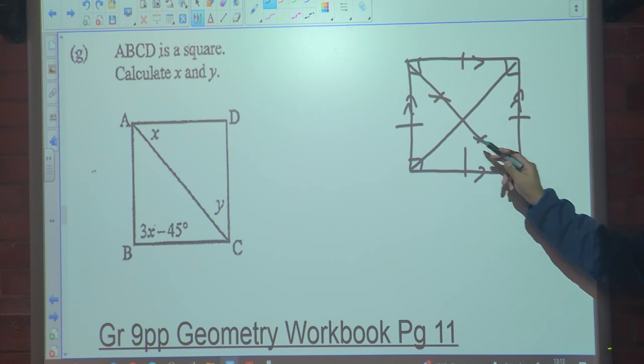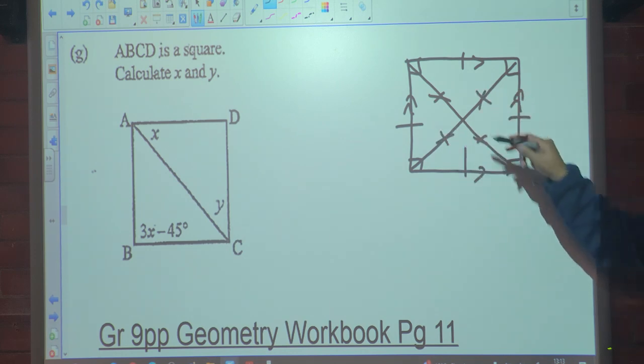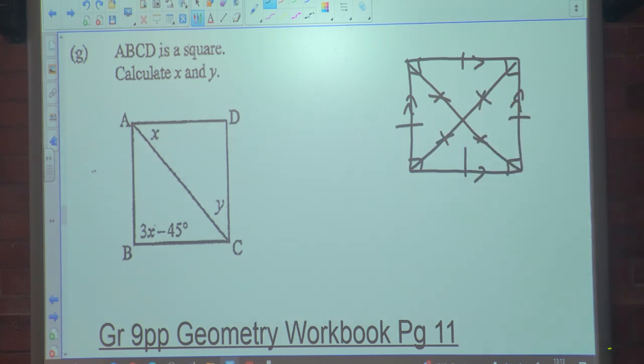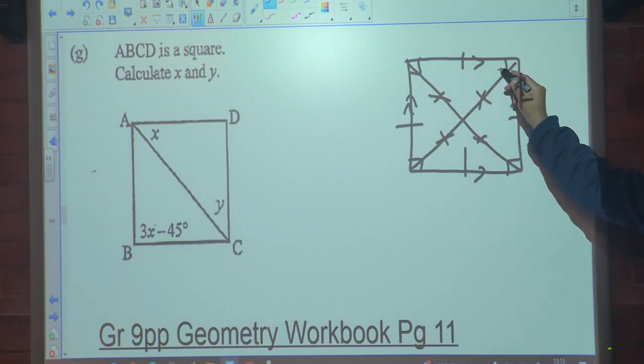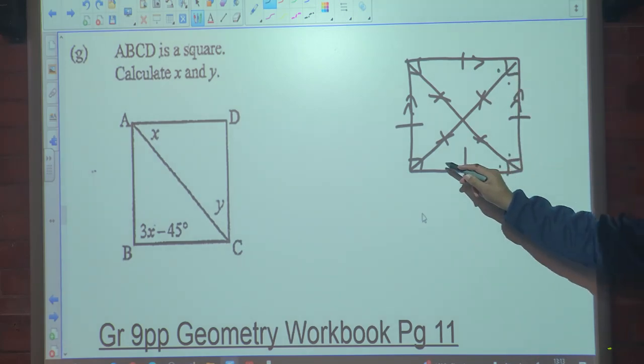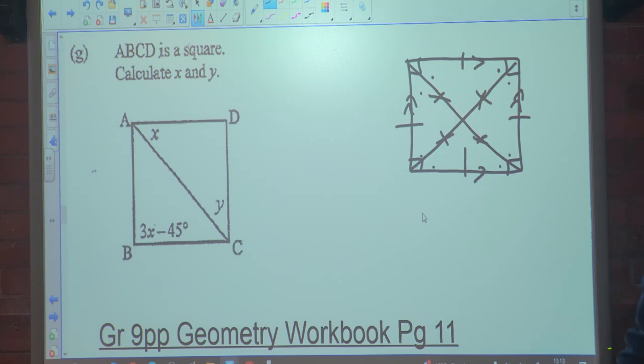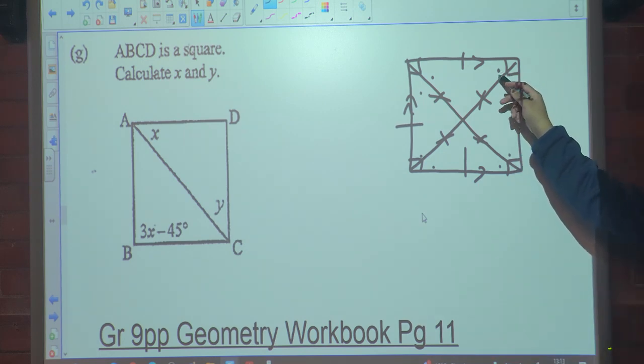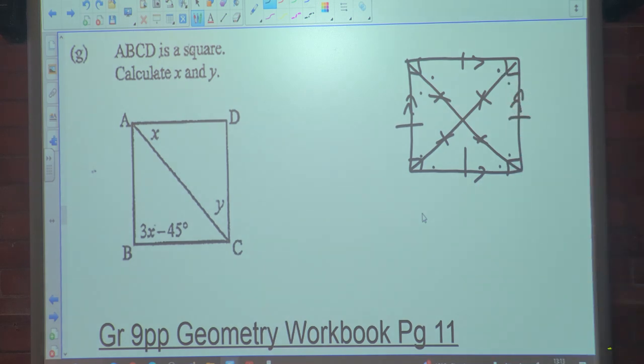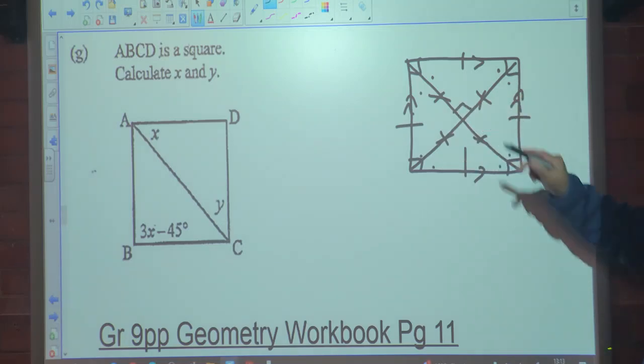So that length is equal to that as well as that length is equal to that. Diagonals bisect each vertex angle, so all these angles here are equal. If that's 90 and it cuts it in half, then everything is 45. And the last one is the diagonals are perpendicular.